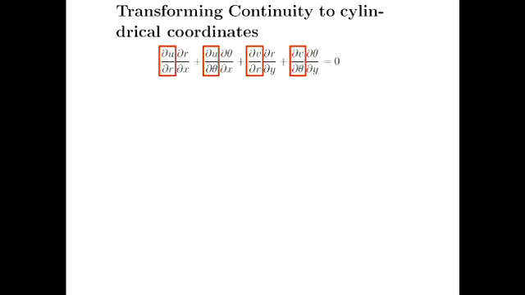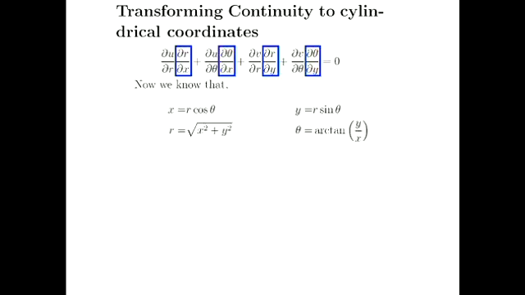So that's 4 of those terms taken care of, and then we can also write out expressions for those other partial differentials, okay? So these are a little bit more simple. You've got relationships for r and theta here, so you can write out an equation for dr/dx.